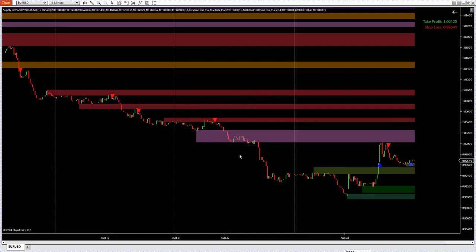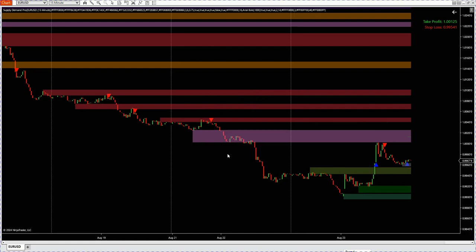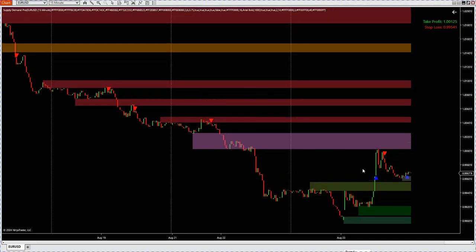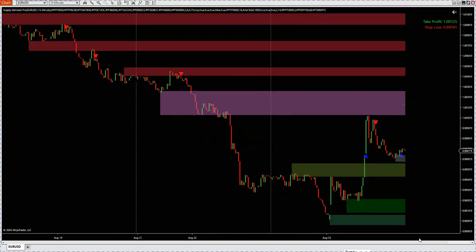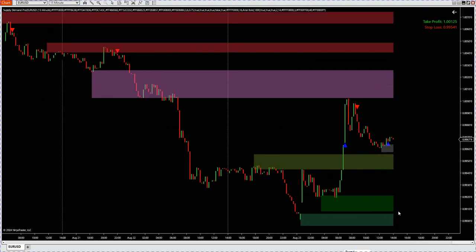One of the things you can do with this is, if we look at the price movement here at the end of this chart, we see the resistance/supply zone above it, and the support/demand zones below it.